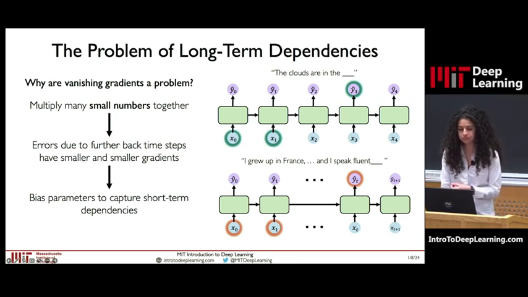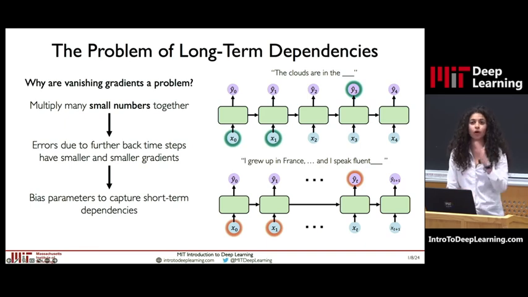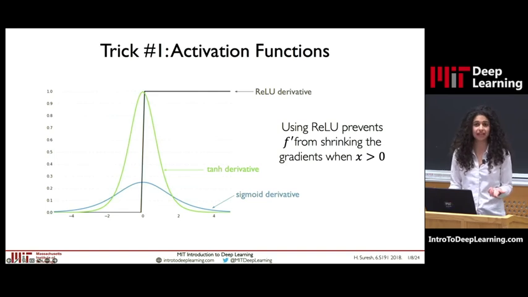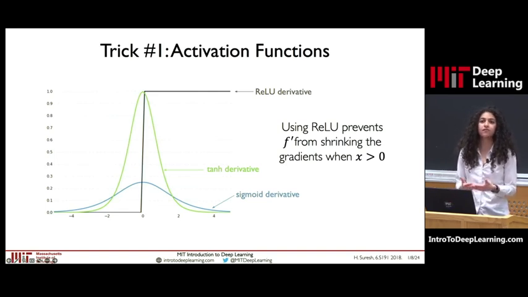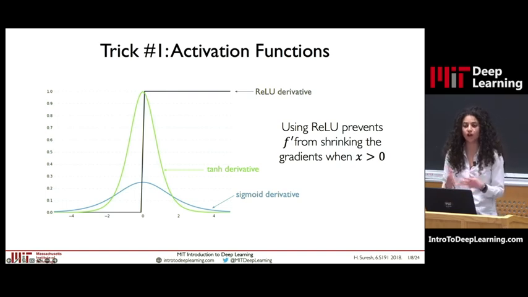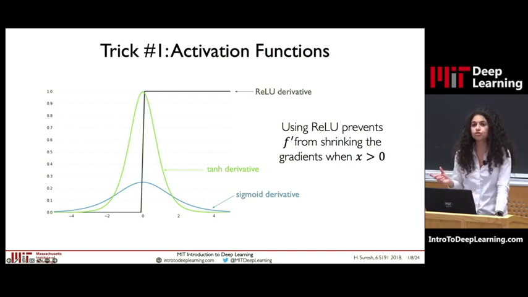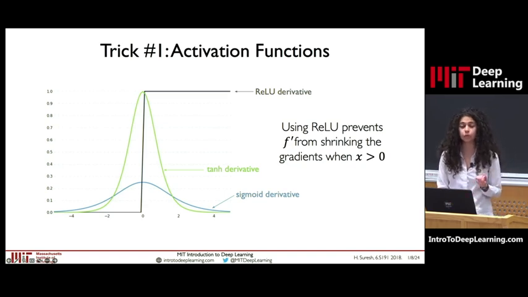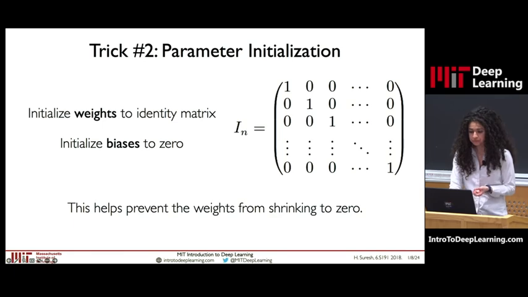In practice, going back to one of the earlier questions about how we select the activation functions, one very common thing that's done in RNNs is to choose the activation functions wisely to mitigate a little bit this shrinking gradient problem by having activation functions that are either 0 or 1, namely the ReLU activation function.